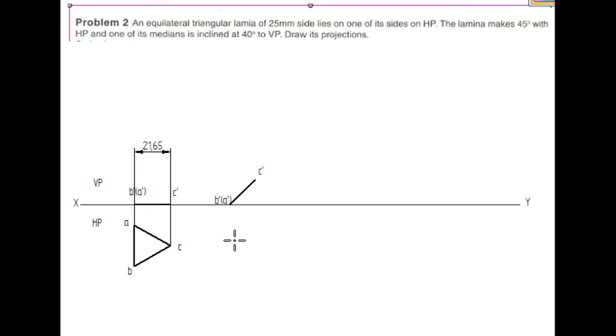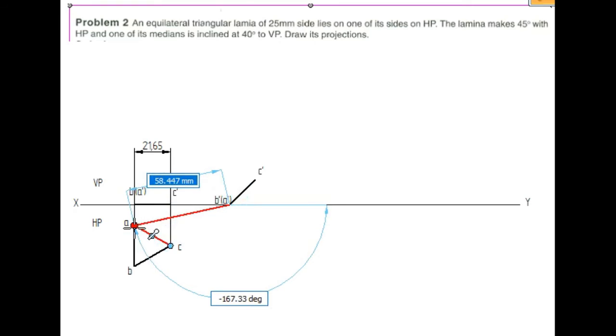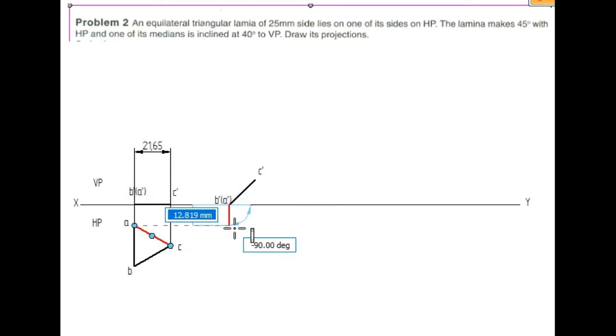Next, to obtain the second top view of the equilateral triangular lamina, we have to project the line. So draw a projection line from this point. Where is A dash? A dash is here and A is here. So the intersection point between these two will give the point A in top view.